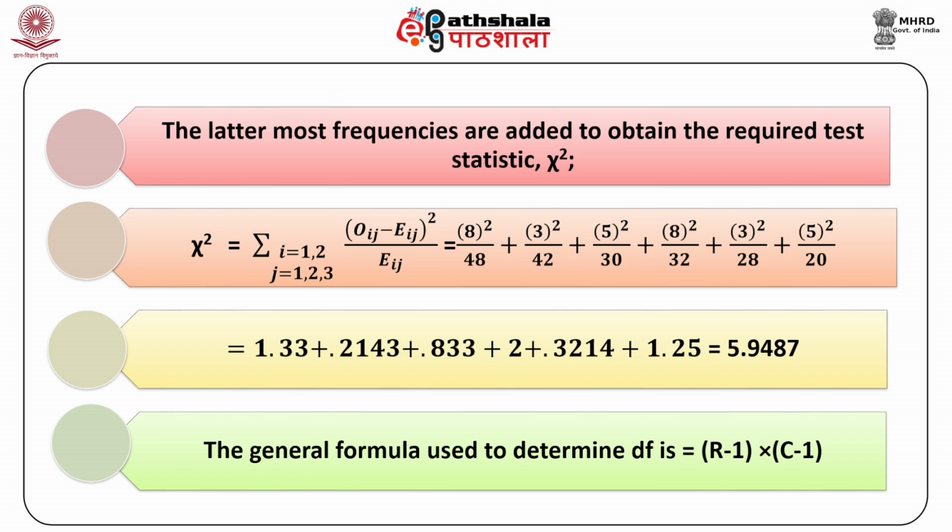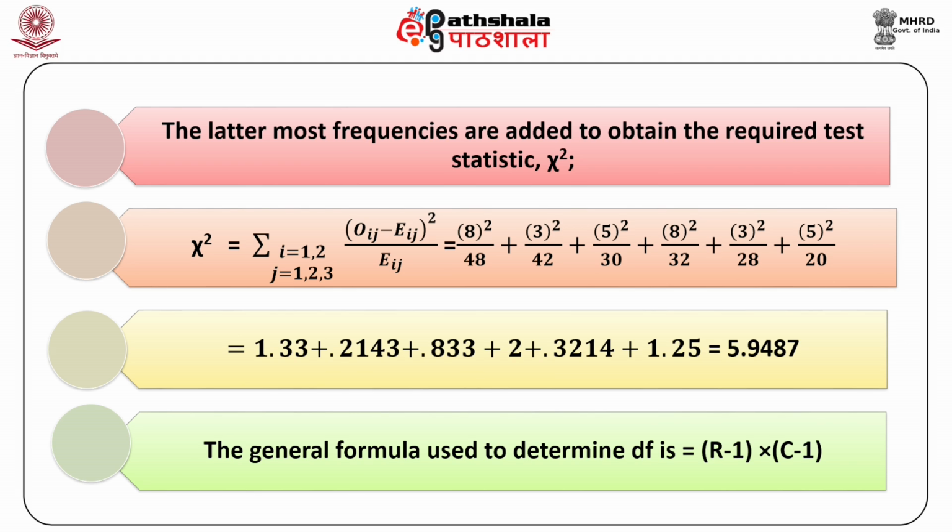So we get 8 square upon 48 plus 3 square upon 42 plus 5 square upon 30 and so on, plus in the end we have 5 square upon 20. Now, if you simplify and add all of them, you find the value comes out to be 5.9487.